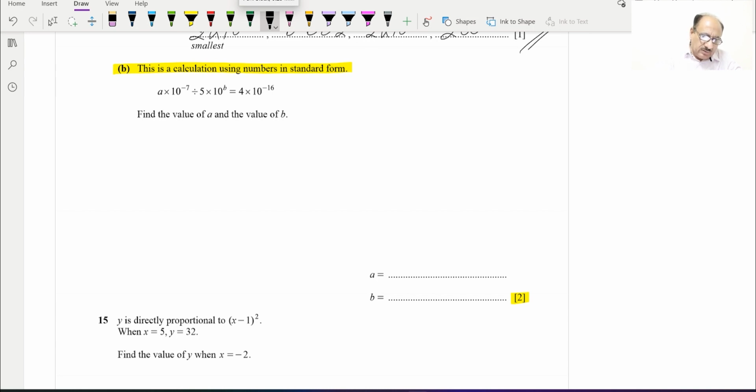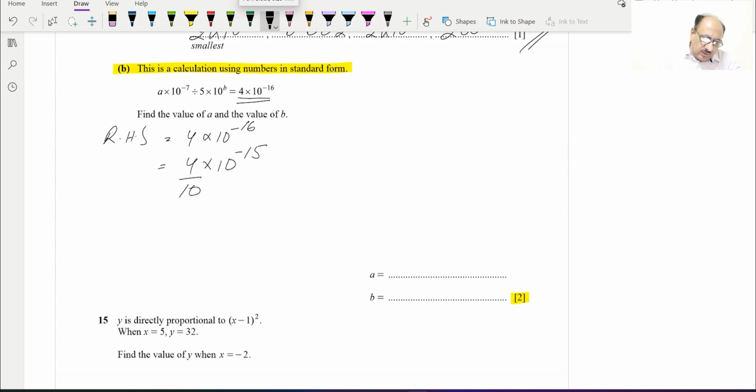So we can take the right hand side. The right hand side is equal to 4 into 10 raised to minus 16, and now we can rewrite it as 4 into 10 raised to the power minus 15 over 10.